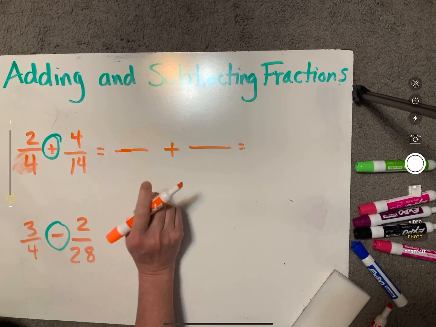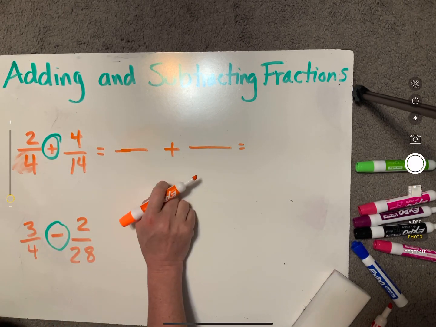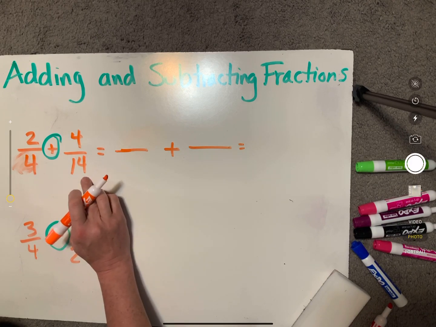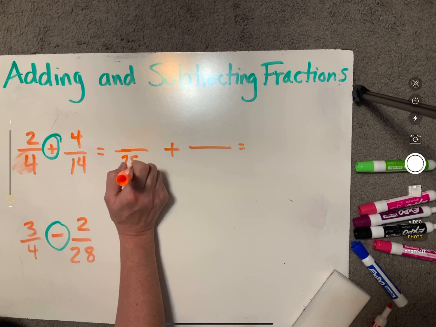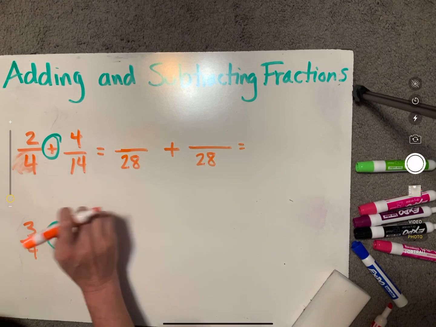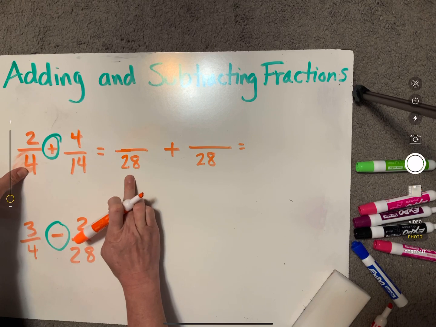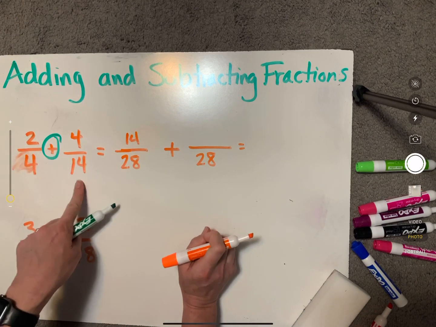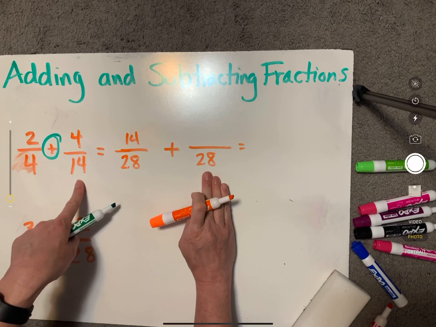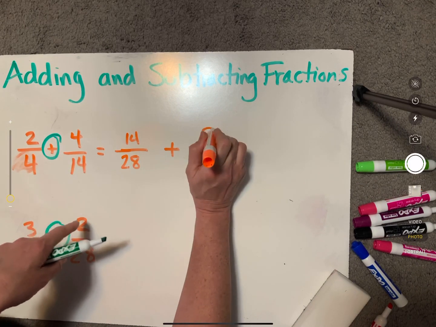So 4 and 14. 4 can't go into 14, so we need to find another common denominator. 4 does go into 28, and 14 times 2 is 28. So I'm going to use 28 as my denominator. 4 times 7 is 28. 2 times 7 is 14. 14 times 2 is 28. 4 times 2 is 8.